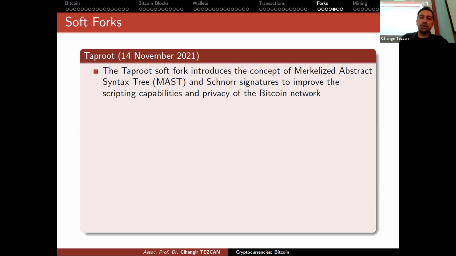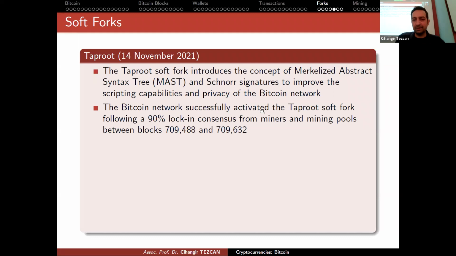So the Taproot soft fork introduces the concept of Merkle abstract syntax tree, shortened as MAST, and Schnorr signatures to improve the scripting capabilities and privacy of the Bitcoin network. We talk about Schnorr signatures a lot, so we know what it is. We never talk about MAST, but I will give a link if you're interested in this concept.